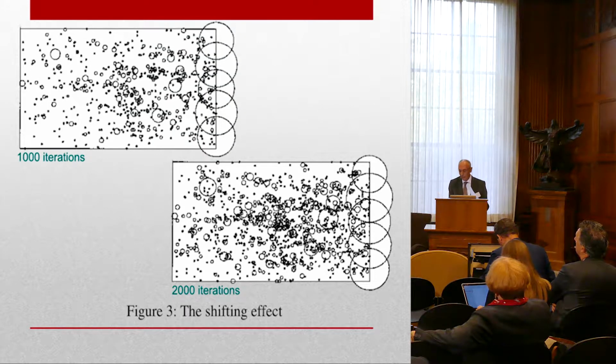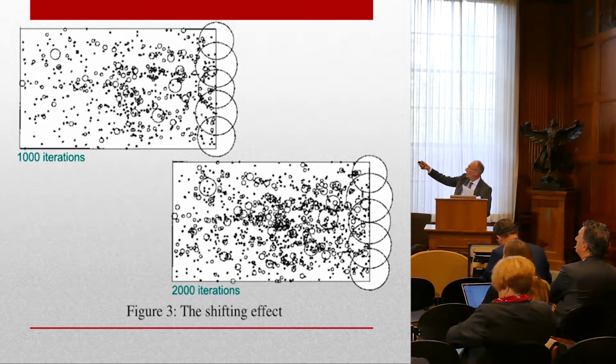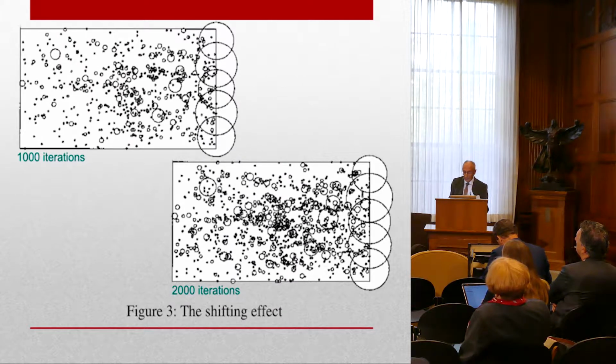Here I've made a simulation of the conquest of the West. The difference between the two images is that there are 1,000 iterations in the above figure, and there are 1,000 more iterations in the second one, and you see that there is movement toward the west.